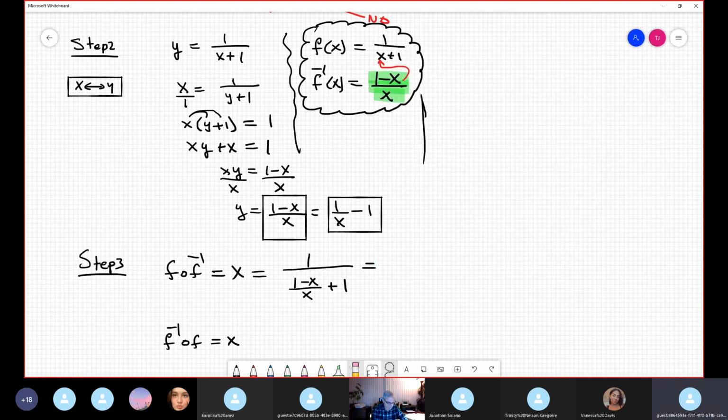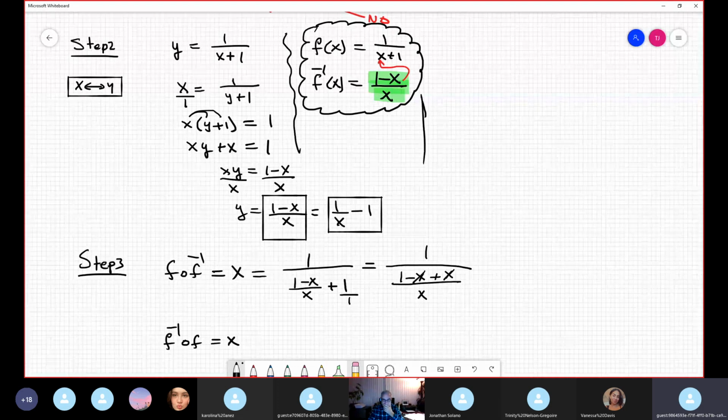Now, let me manipulate this. You find the least common denominator, which is x. The numerator is 1 minus x plus x. You divide the LCD by the denominator and multiply by this x: x divided by 1 is x, times 1 is x, and this x is cancelled.